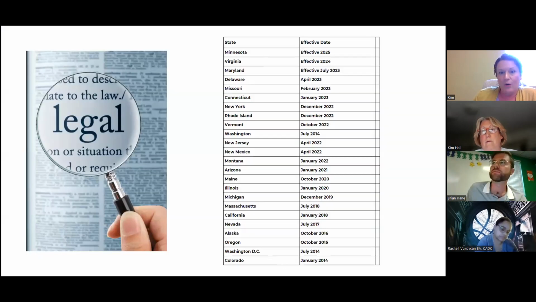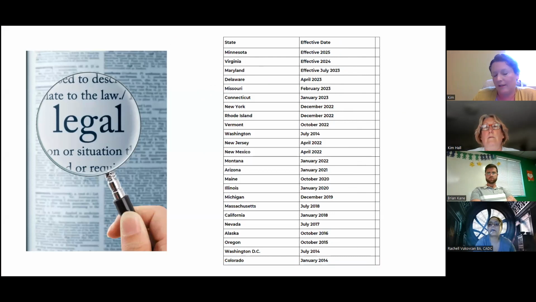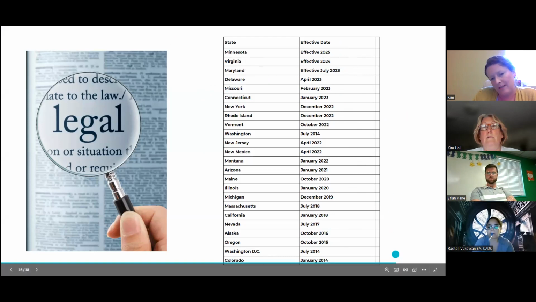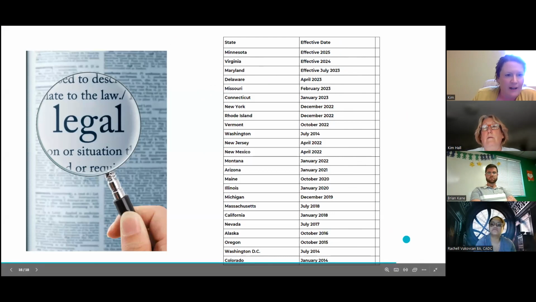So these are the states that have, at this point, like I said, there are 23 plus Washington, D.C. These are the effective dates. And just as an aside, we could get into it at a different point in time. There is a grassroots movement taking place in Colorado of people who were once for and helped to push through the legalization of marijuana that are now fighting back.